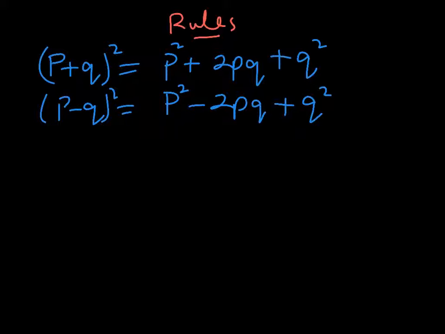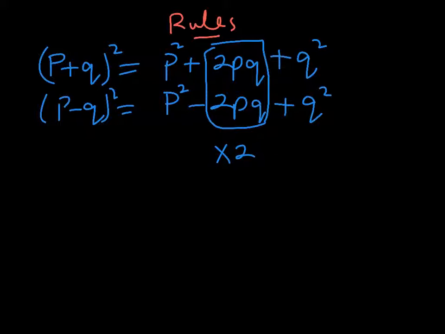Now, what do you notice about these two? We see that the center component, the one that contains the P and the Q, is a multiple of 2, right? It's a multiple of 2 in both cases.